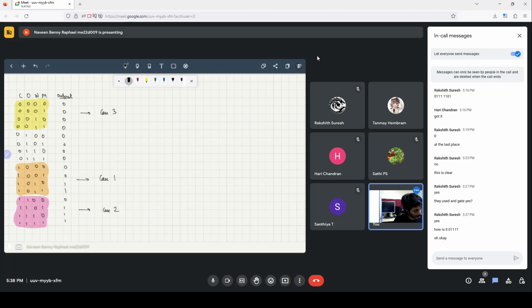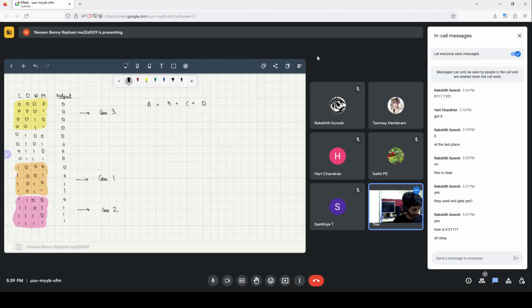So this is where I feel it's nice to introduce the product of sums and sum of products notation method, because in Boolean algebra, let's say we have 5 variables, a plus b plus c plus d plus e.